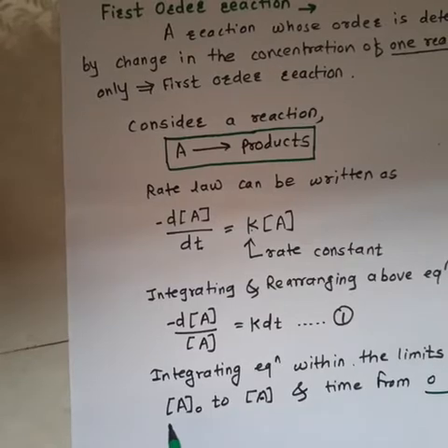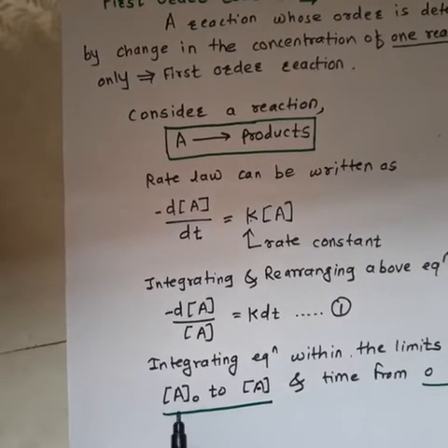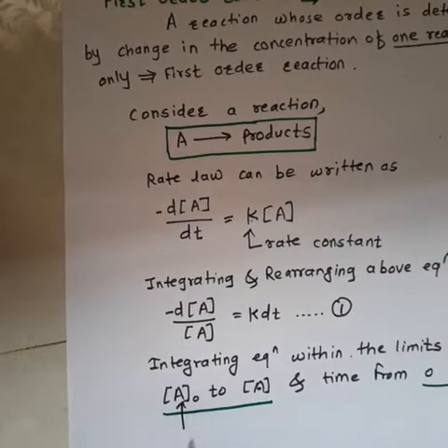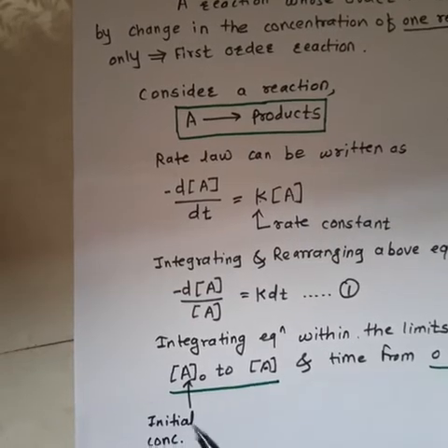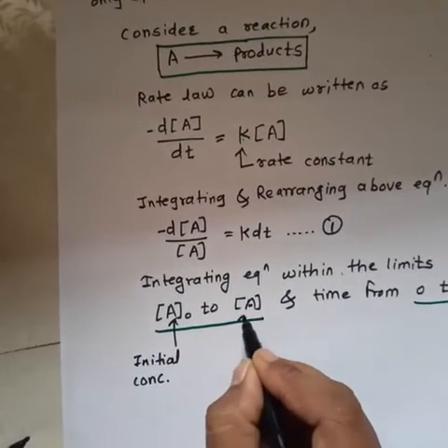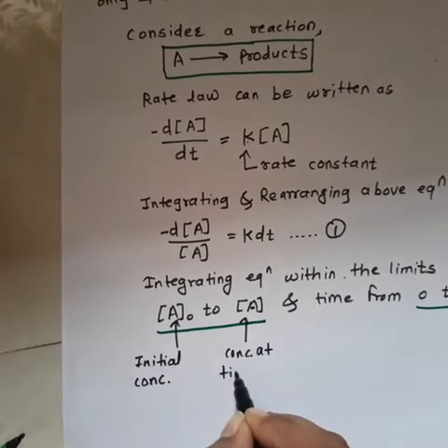What is this A0? A0 is the initial concentration. A is the concentration at time t.